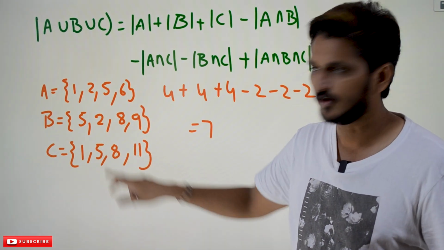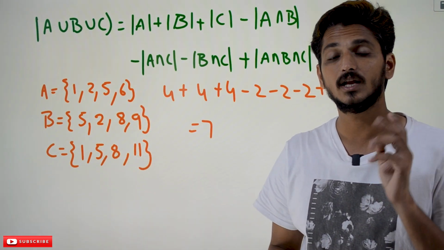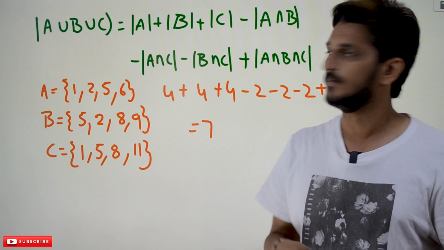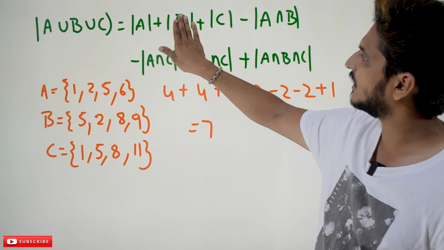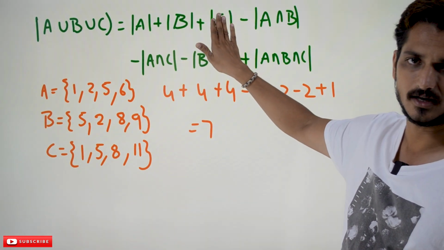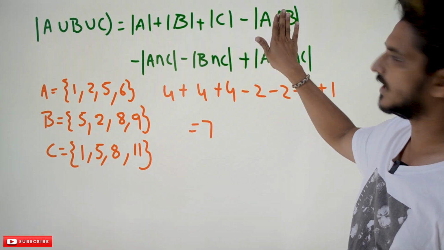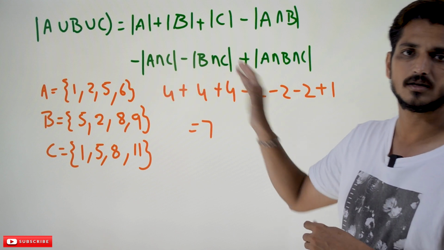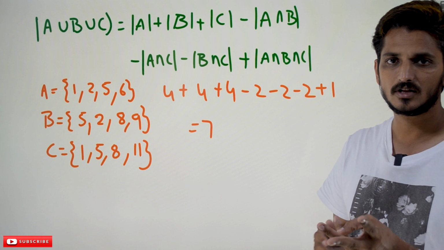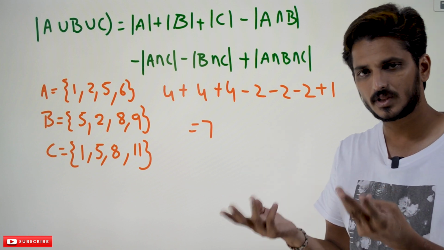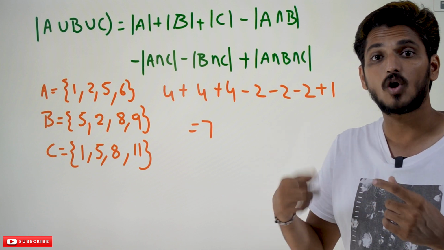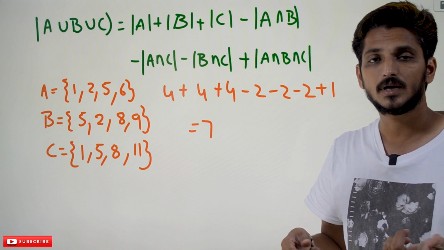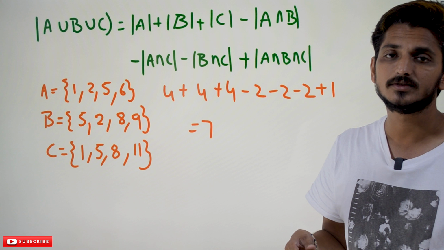And plus, why are we doing this plus? 5 is the common element in all the sets. Means 5 is added here, here and here, and 5 is subtracted here, here and here. Added 3 times, subtracted 3 times, means 5 is not there in our count, because it is common in all the sets.